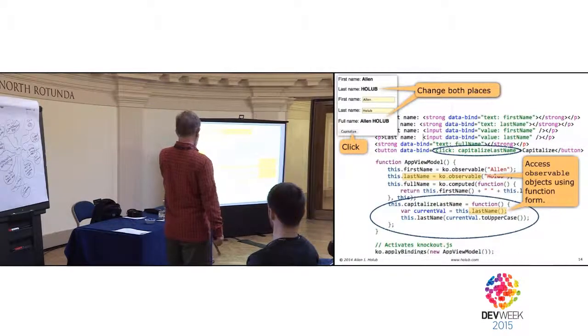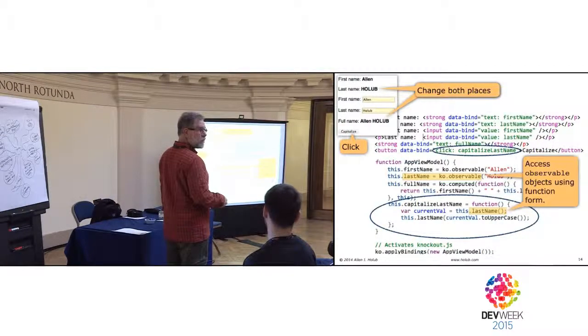So I want to do a little bit more here, so I'm adding another one. I want to capitalize the last name. So I've added another plain old function here that modifies last name. Is everyone with me here? But now I've added a new little trick, is that I've made last name an observable thing. So what's happening here now is that Knockout is observing last name.